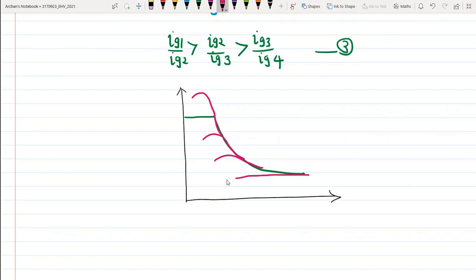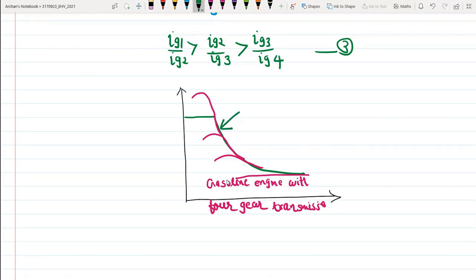Okay, so this is the characteristics pertaining to a gasoline engine with 4-gear transmission, and the one with the green line was the electric motor with single gear transmission.